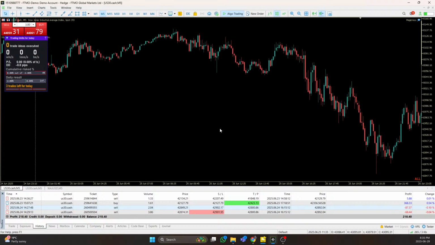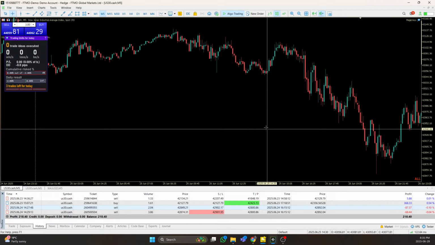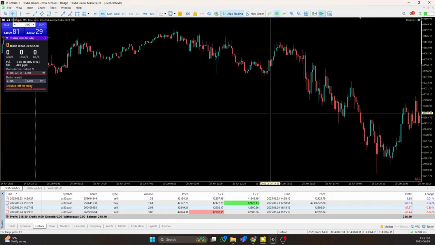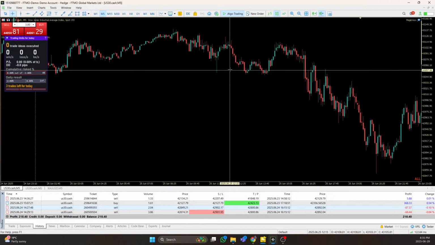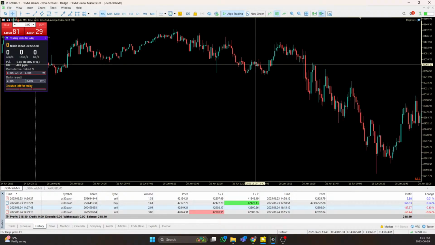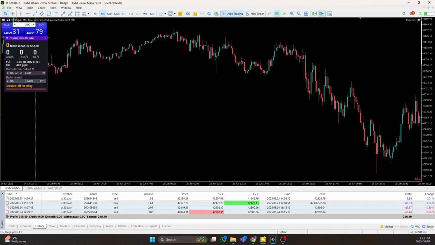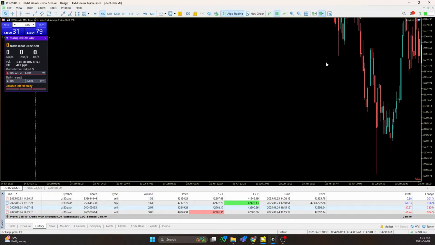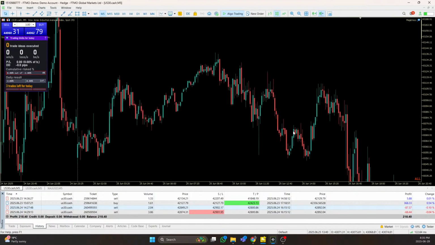Oh, this is the day that I did not trade, or was a little bit too lazy to trade. So this is the 14th. Okay, where is it? Here. There's no gap here, there's no gap here.